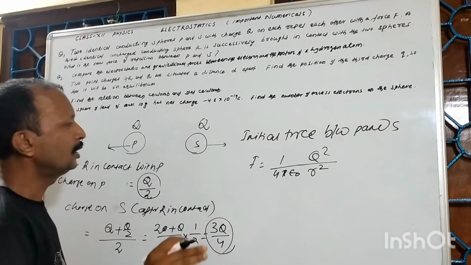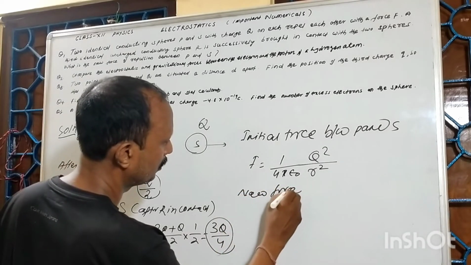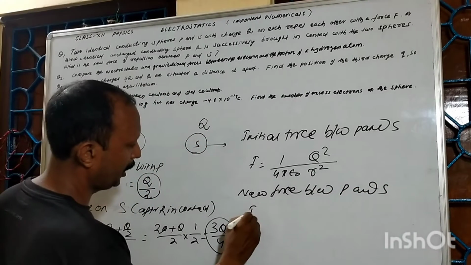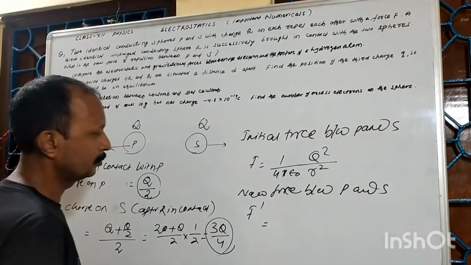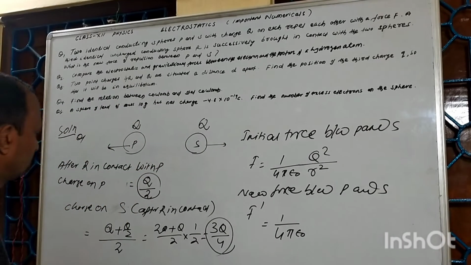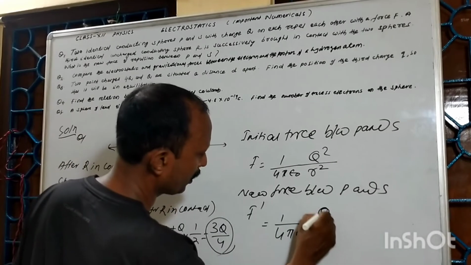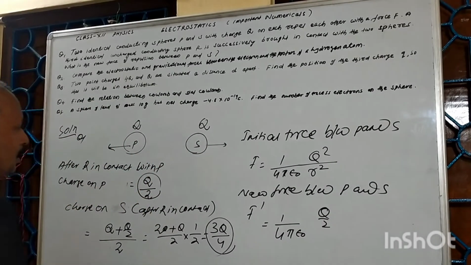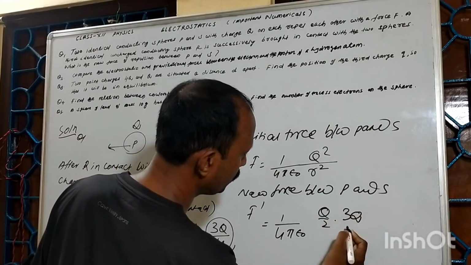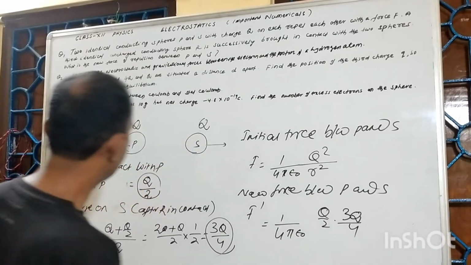The new force between P and S, that is F dash, is equal to 1 upon 4 pi epsilon naught. Now the charge here is Q by 2, so I can write Q by 2 into 3Q by 4 divided by R square.